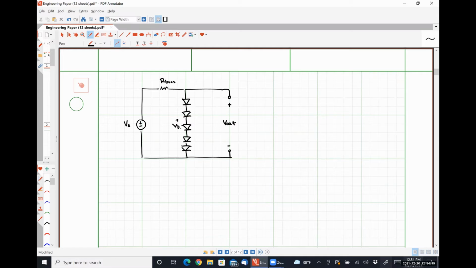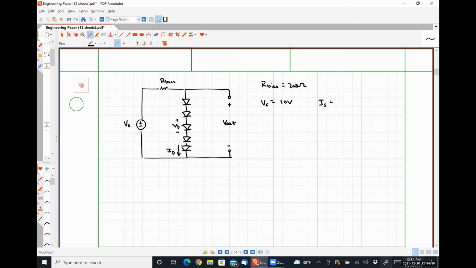The voltage drop over any individual diode was VD. The current flowing through the chain of diodes was ID. We know that R bias is 200 ohms, and VS was 10 volts.